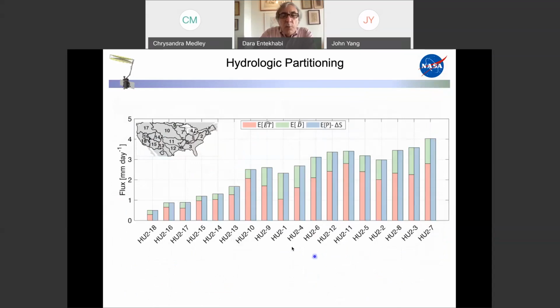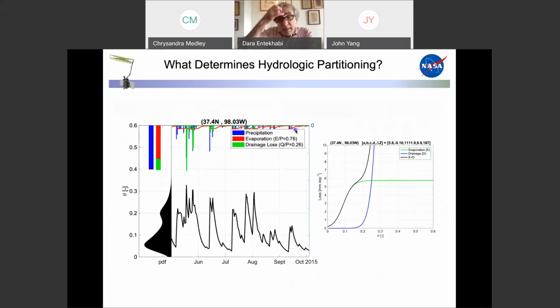And now we can look at the partitioning. What fraction of precipitation is drainage and evaporation in each of these cases? You can think of this conceptualization of what's happening in the landscape as these loss functions.